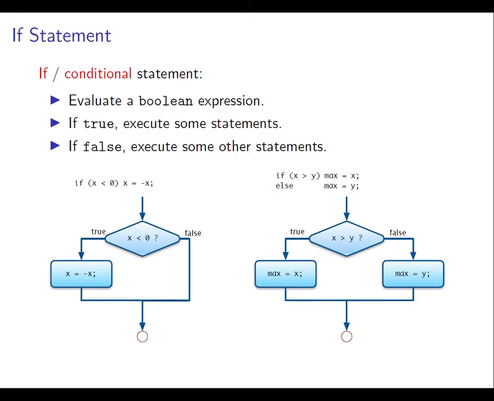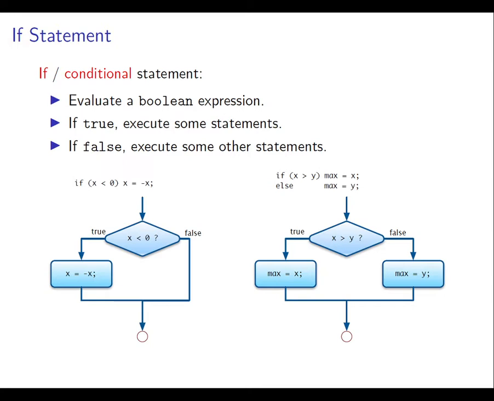Let's look at a couple of examples. On the left we are saying if x is less than 0, we would like to set x to be minus x. Now you might say, how can you possibly set x to be minus x? How can x be both itself and minus itself at the same time if it's not 0? But remember, this is imperative programming, and so what's happening here is that we are evaluating the right-hand side of that assignment statement, using the pre-existing value of x.